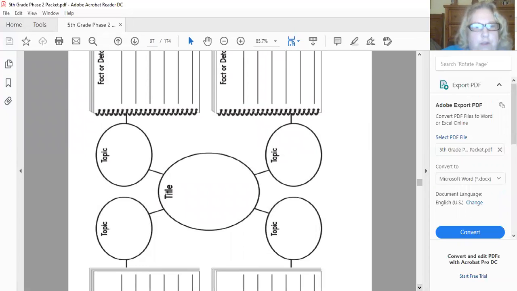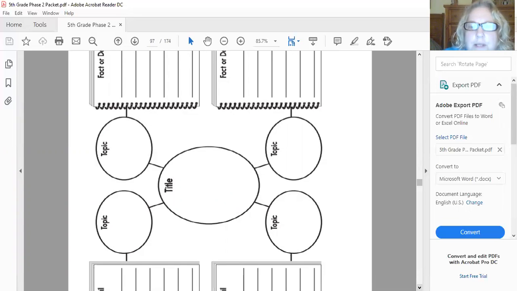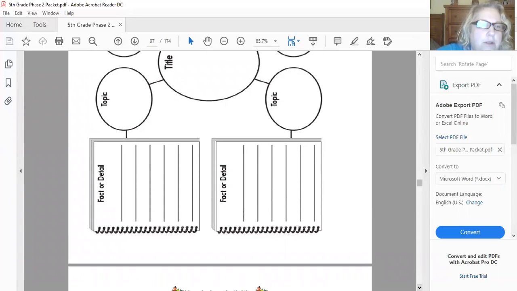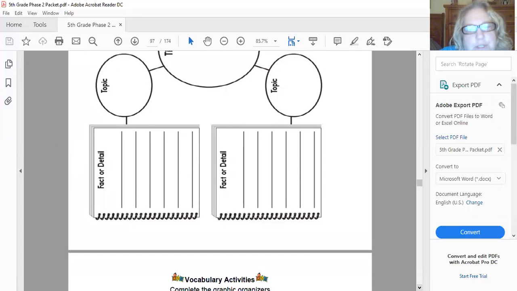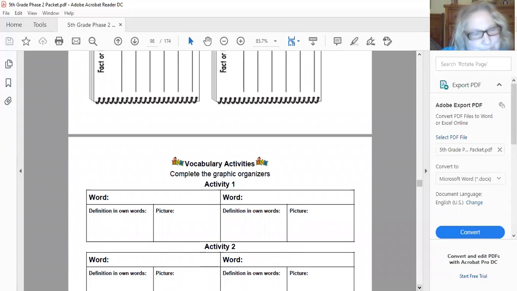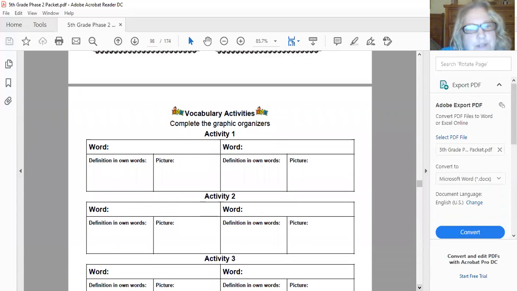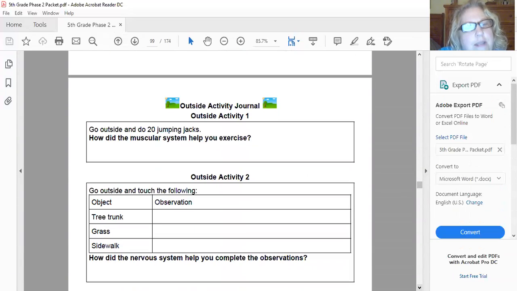You just write the human body, then you write like circulatory system, skeletal system, muscular system, whichever ones you want, and then you write several details like the heart pumps blood, the cells convert, and then it returns the blood back to the heart. Just look at the book and put the details in there. Easy, easy, lemon squeezy. Then there are vocabulary activities, and then you can draw a picture.